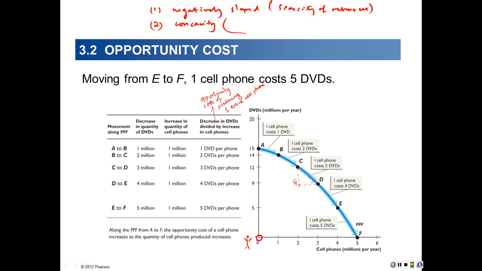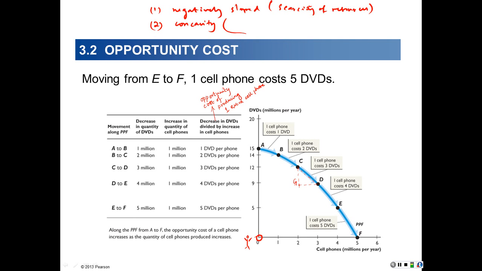The fact that all workers are not alike, correct? In other words, workers are not homogeneous. You have workers who are very good at one good and bad at the other. And at the other extreme, you have workers who are very good at the second good and very bad at the first one. Correct? And because you have this type of dissimilar kinds of workers, you have a concave PPF.